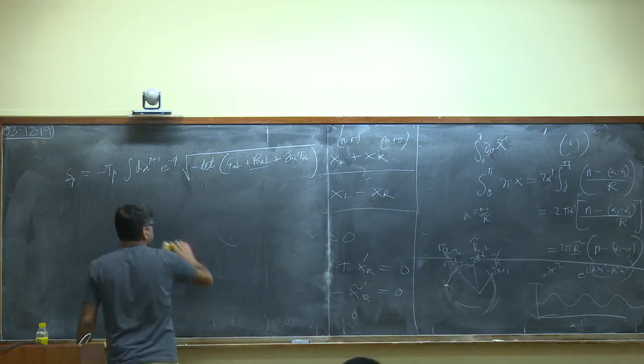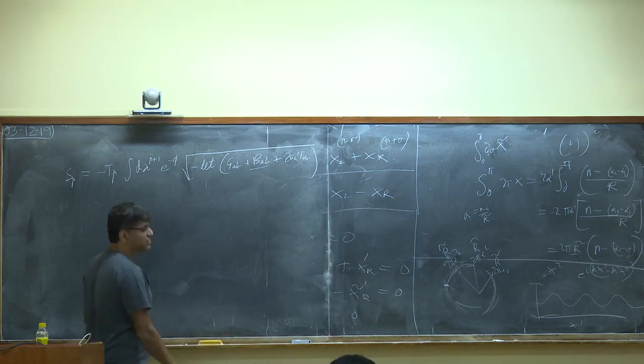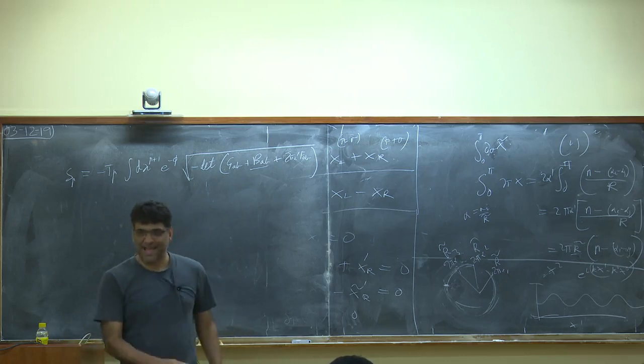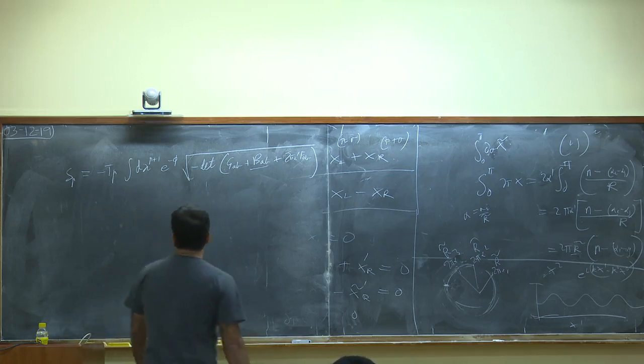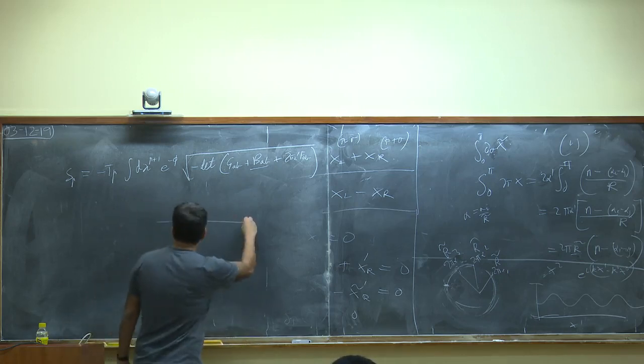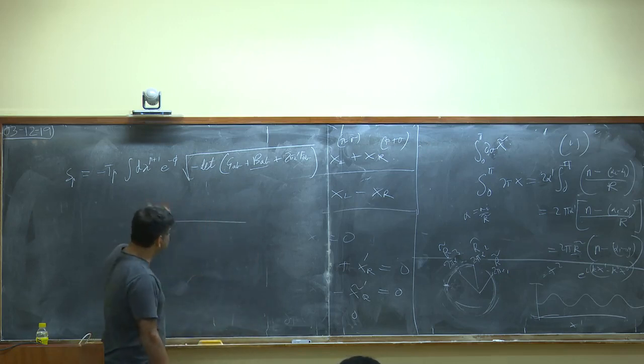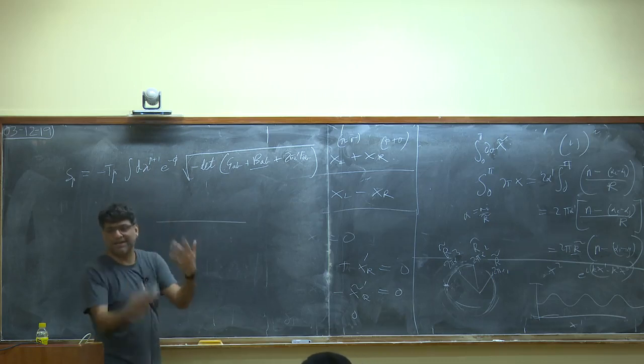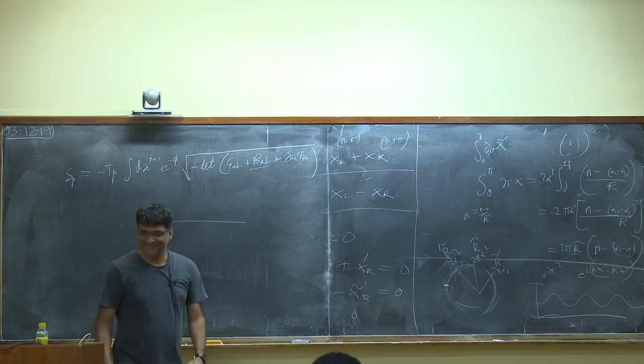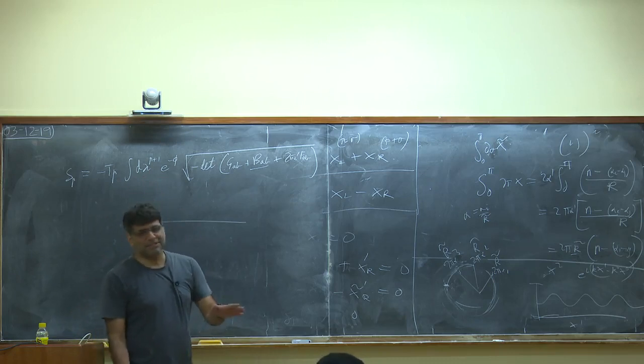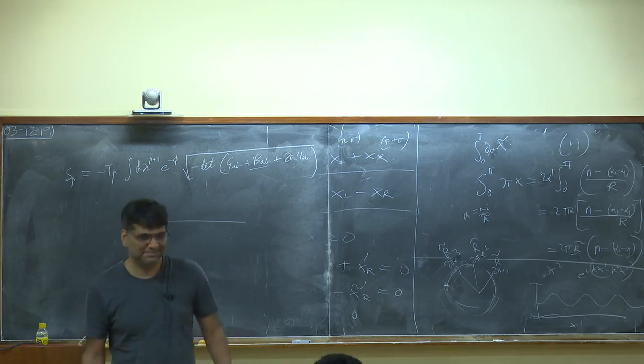So let's first imagine that we've turned off all the fluctuation degrees of freedom. We've oriented the D-brane such that its coordinates are the space-time coordinates in p plus 1 directions, and we are not allowing it to fluctuate.